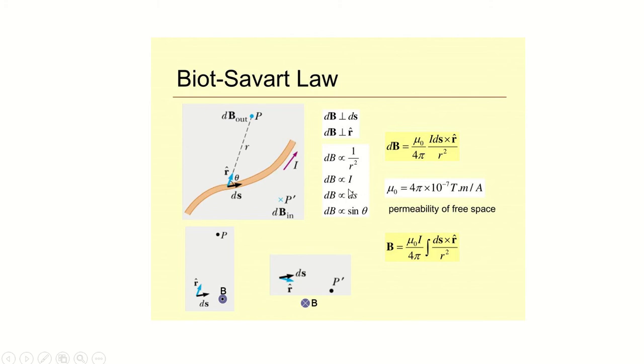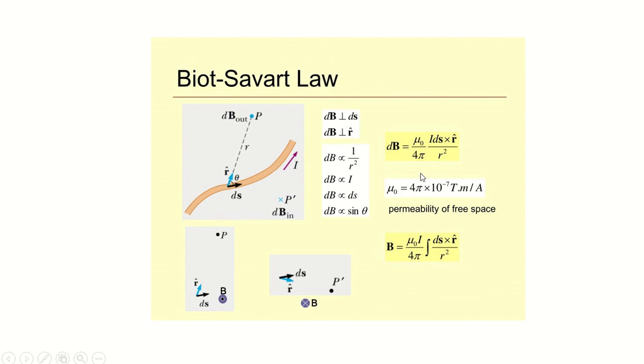Also dB is proportional to ds, the elementary length, and dB is also proportional to sin theta, where theta is the angle between r, the distance between ds and P, and the direction of ds. So this is the angle theta. It's clear from the figure.